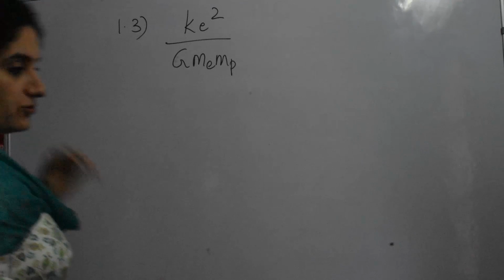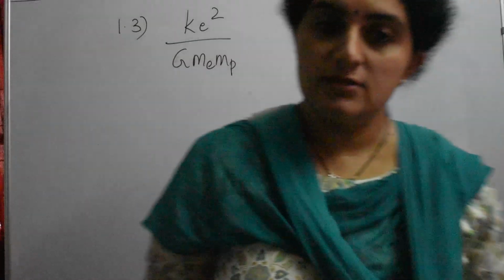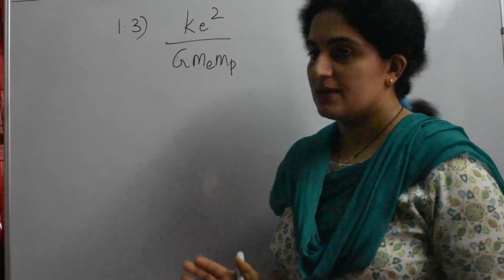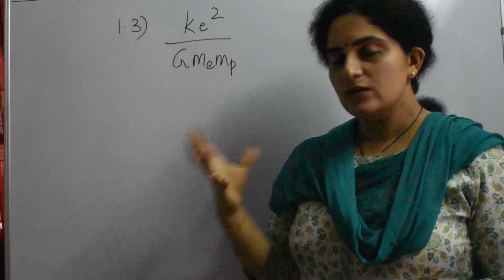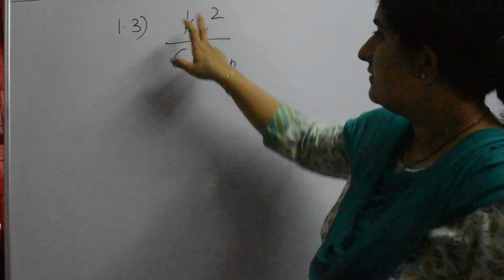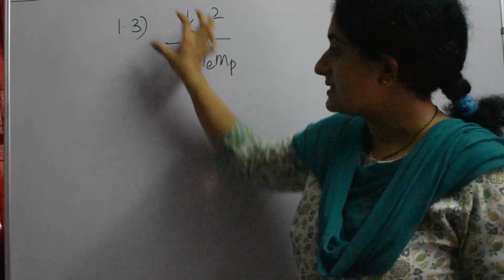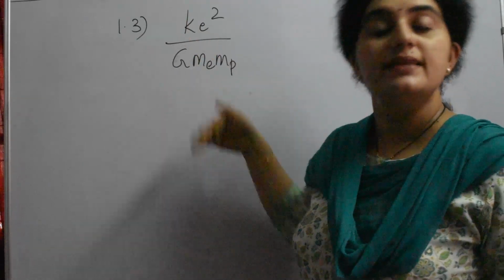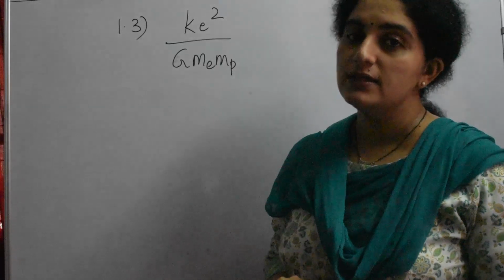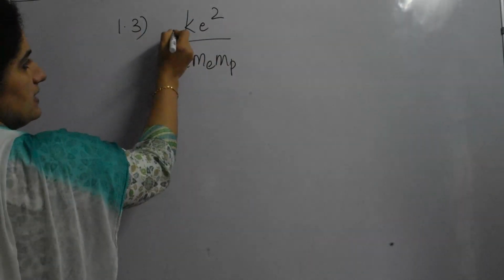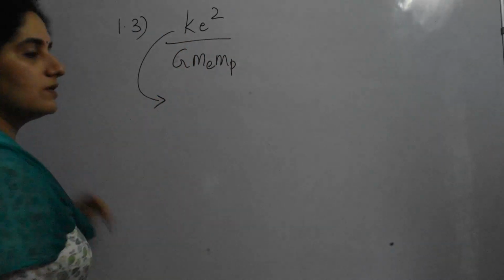In order to check whether this ratio has dimension or not, we will go with the basic concept that let us first check what is their SI unit. What is the SI unit of this ratio? Then from there we will find out the dimension of that quantity. So first is K. What will be K?